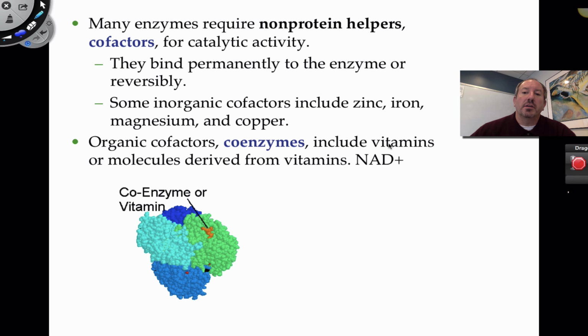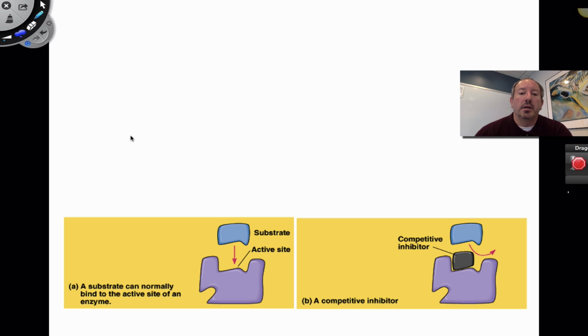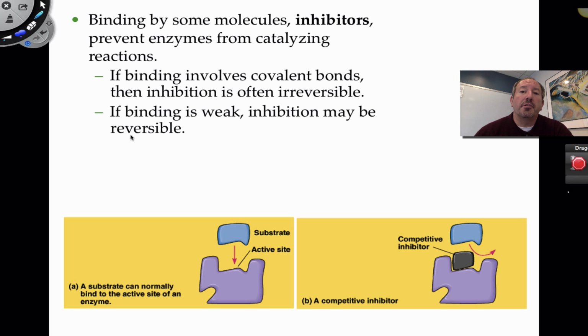We're going to see that these coenzymes are found in protein molecules in cell respiration, and they provide the ability for redox reactions to occur in that pathway. They're really, really important.